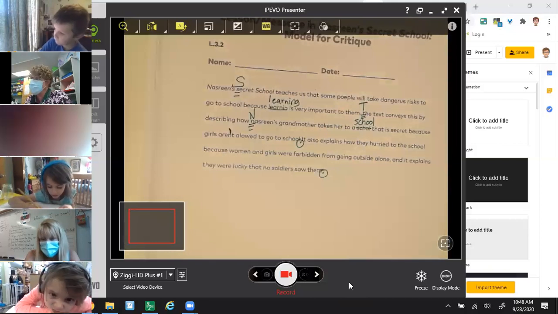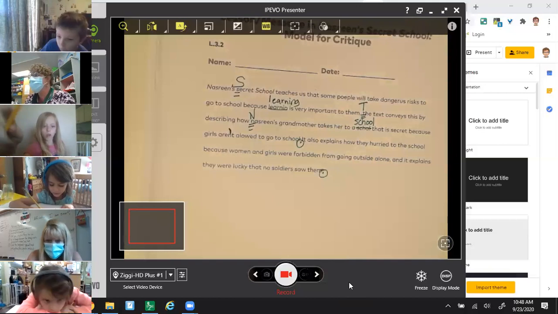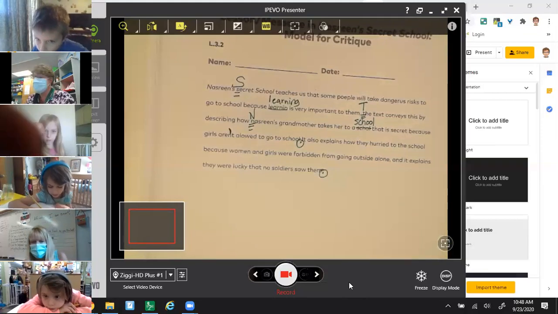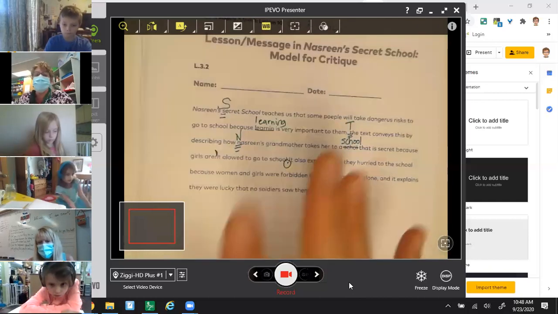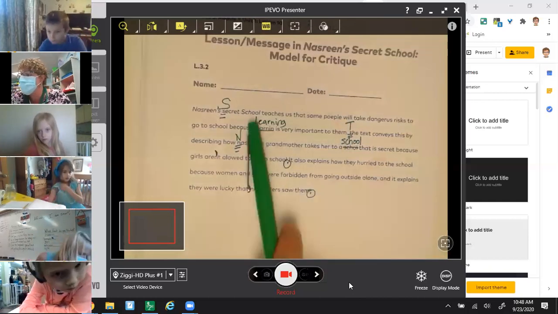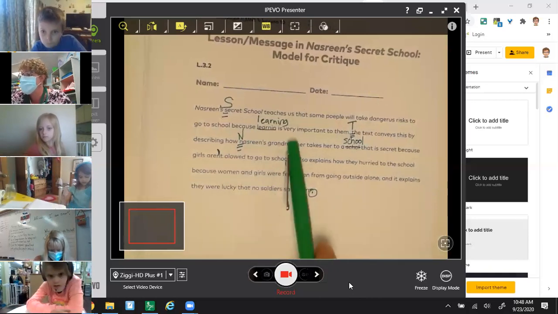Some of you told me you were finished, but when I looked at your papers, you still had some things that you could fix and check for spelling and periods and capitals. Even this kiddo here had that same problem. But I like how they had their first sentence. Nazarene Secret School teaches us that some people will take dangerous risks to go to school because learning is important to them.